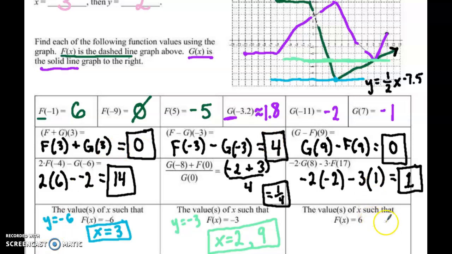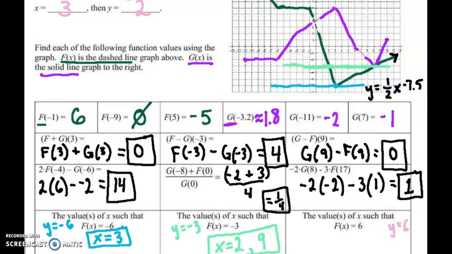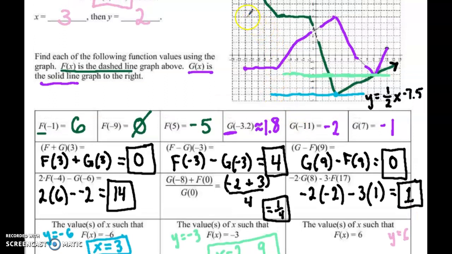And then you can think of this one in the same way. Y equals 6 is a horizontal line at y equals 6, which is up here. And this time, when they cross each other, the green and the pink actually cross at all of these points. So I'm a big fan of interval notation.